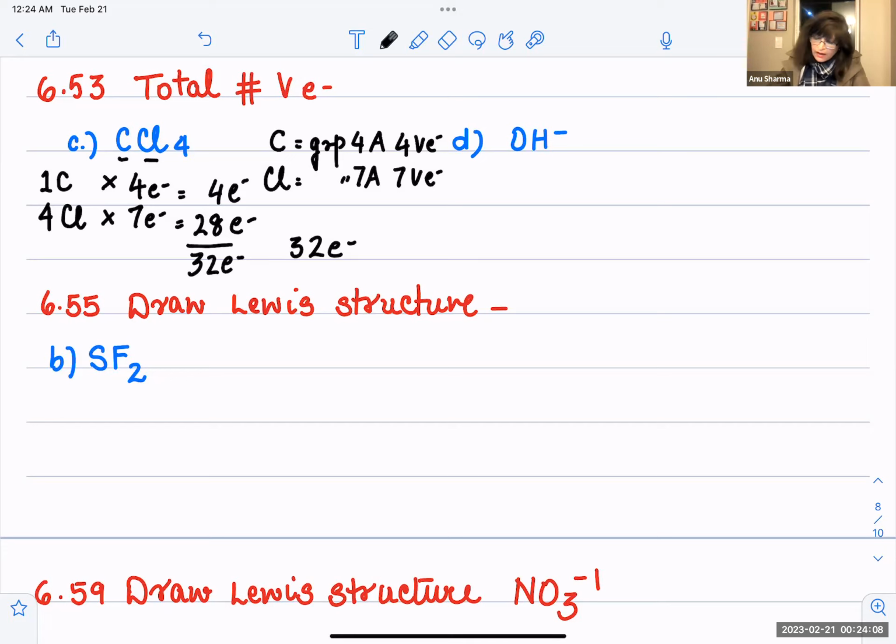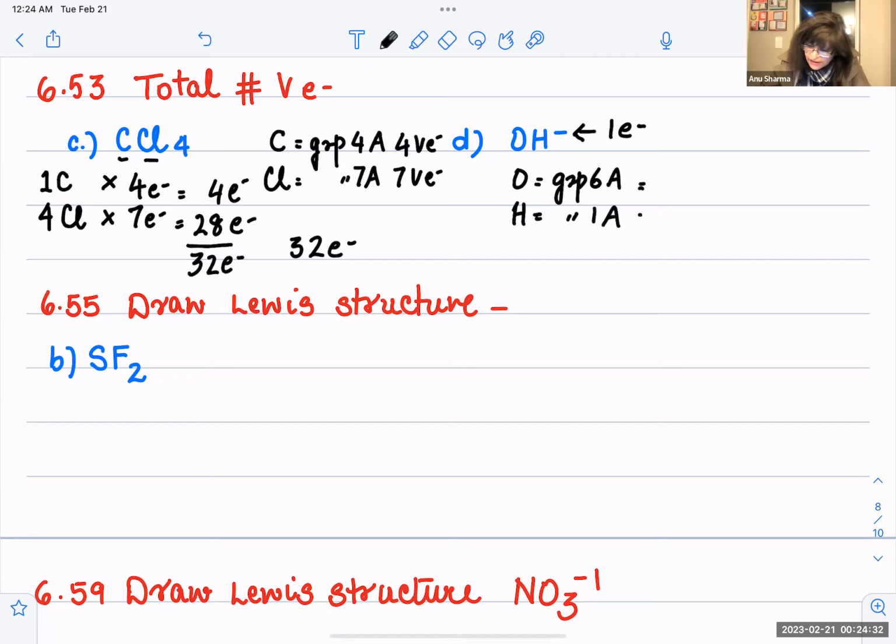Next, OH 1 negative. This means there is 1 extra electron. If there were 2 negative charges, it would have been 2 more electrons. Oxygen is in group 6A and hydrogen is in group 1A.